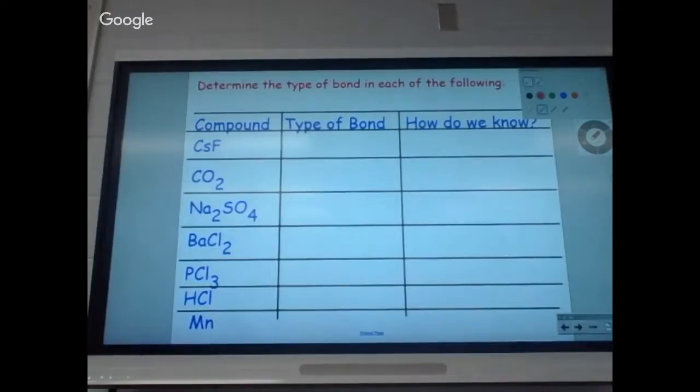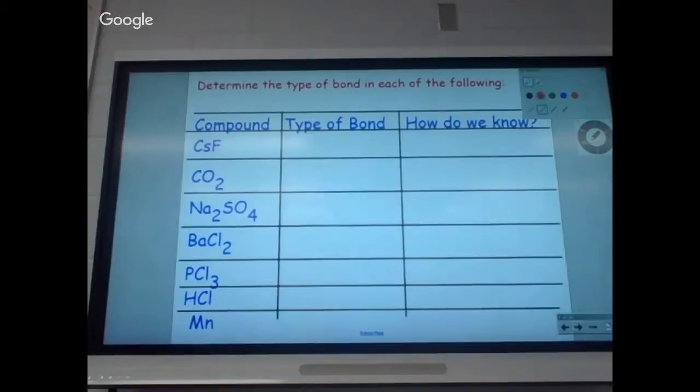So if we look at the first one, what can you tell me about CsF? What do you know about it? Cs is a metal. And F is, I mean not gas, but non-metal. Okay. Now, for those of you who don't have a periodic table, you've got to have one. William has one on his desk, which makes it much easier. Most of you probably do not know where the elements are off the top of your head.